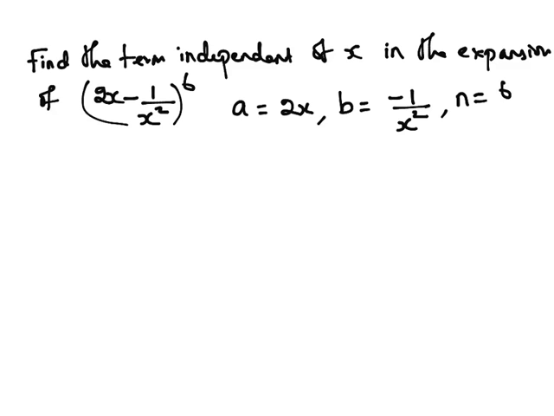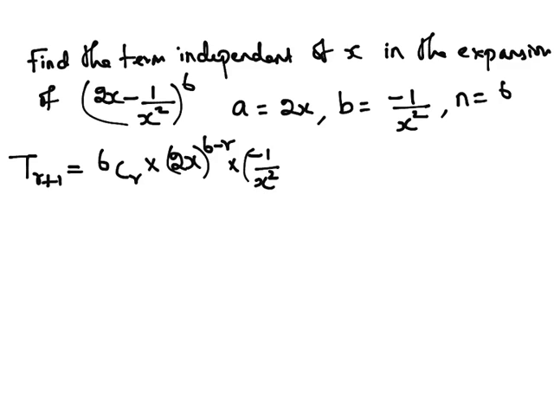So let me write the general term now, t r plus 1. So t r plus 1 equals nCr, so 6Cr multiplied with a power 6 minus r multiplied with b power r, which is minus 1 by x squared whole raised to r. So let me simplify it further.